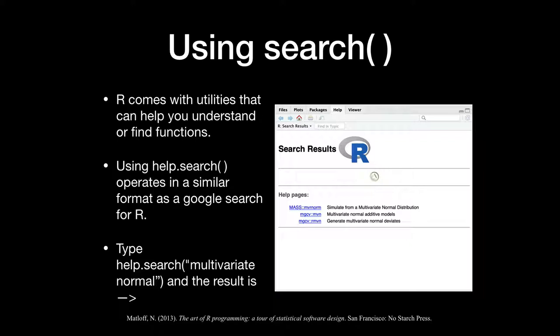A useful function within the RStudio GUI: R comes with utilities that can help you understand or find functions. Using help.search operates in a similar format to a Google search, but for R. You can just type in help.search and let's say multivariate normal.